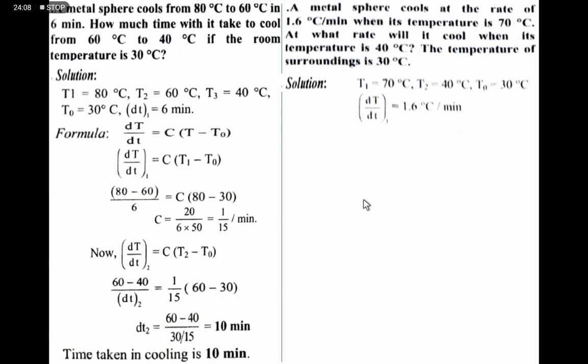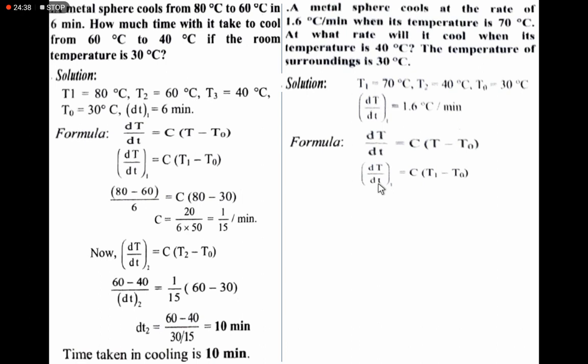T1 is 70 degrees Celsius, T2 is 40 degrees Celsius, and T naught is 30 degrees Celsius, meaning room temperature. The rate of fall of temperature is given. It is 1.6 degrees Celsius per minute. Again, we have to use the mathematical statement of Newton's law of cooling.